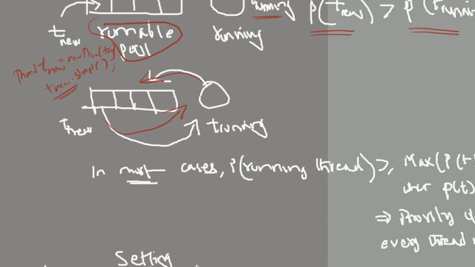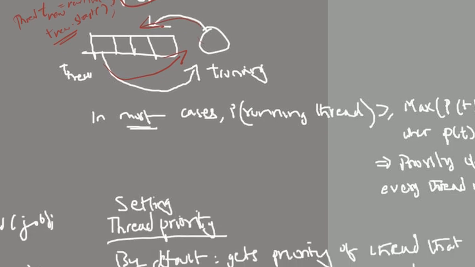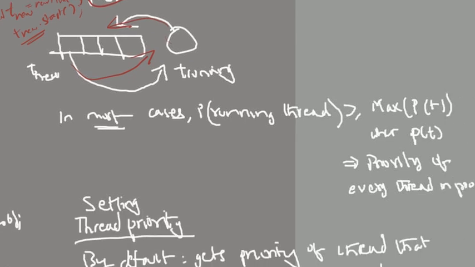It makes sure that the priority of the running thread is greater than or equal to the maximum of all the priorities in the runnable pool. That's like saying the priority of the running thread should be at least the maximum priority of the threads available in the runnable pool.